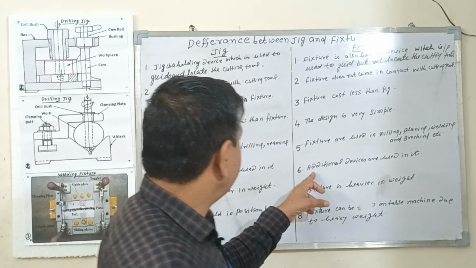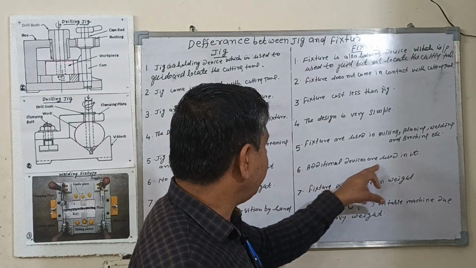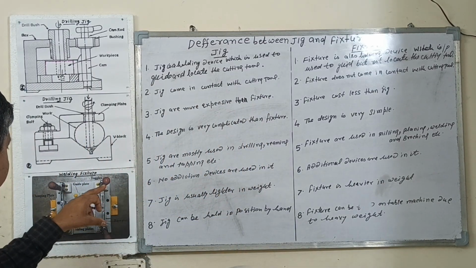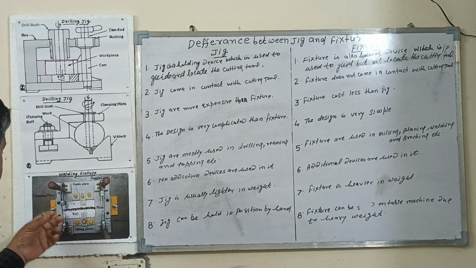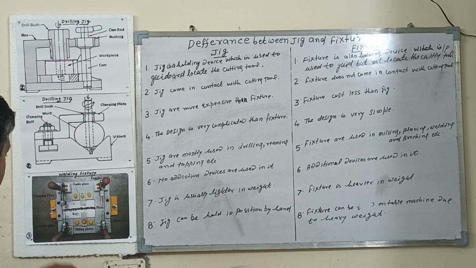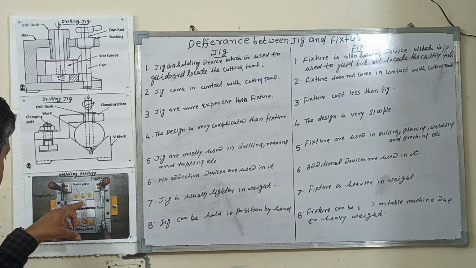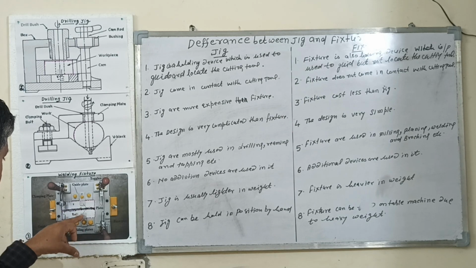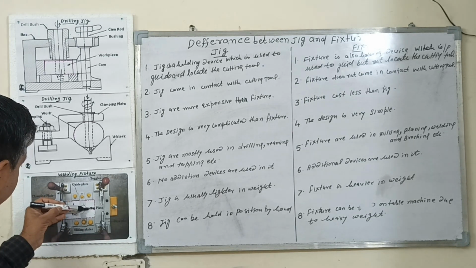In a fixture, additional devices are used to hold and locate the component, just like a toggle. Toggles clamp the workpiece. The other side plates also guide, locate and support the workpiece to perform the welding in a proper way.